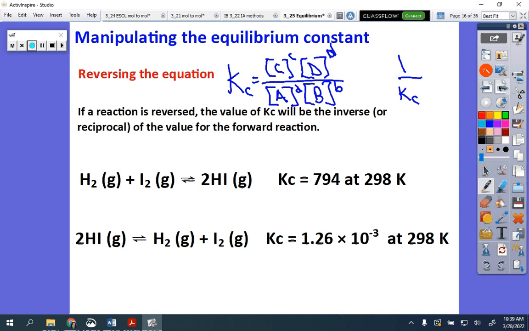So we looked at this example of H2 plus I2 reversibly yielding HI, the one we've been using this whole time. We're given a Kc at a particular temperature. If we look at the reverse reaction, the Kc for that reaction at that temperature, remember that temperature matters, is going to be 1 over that. So this is essentially 1 over 794.